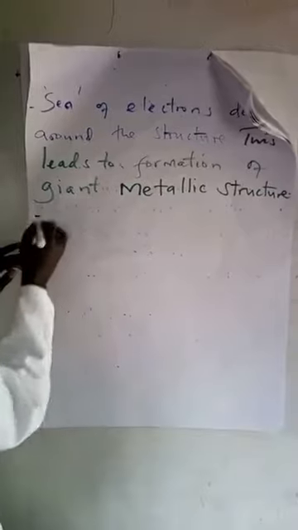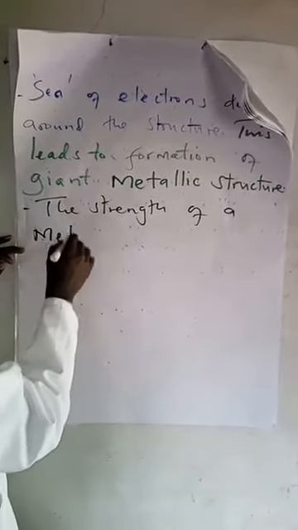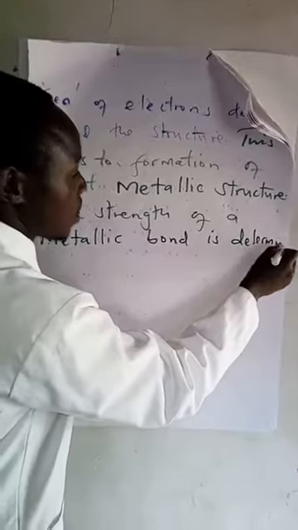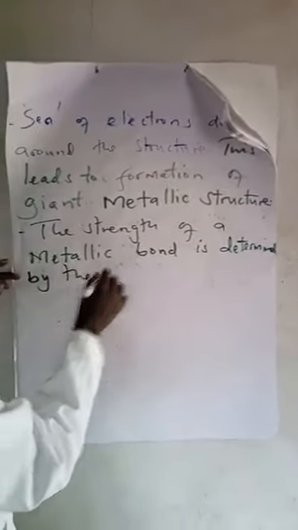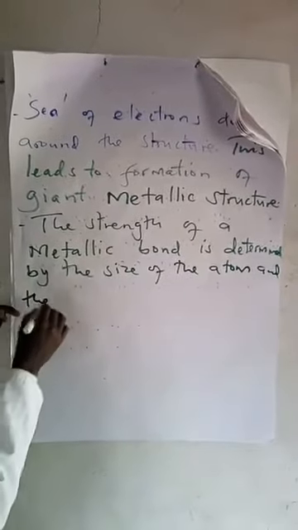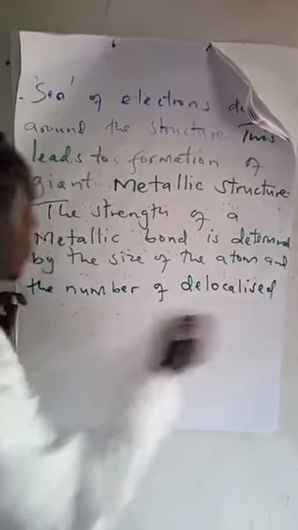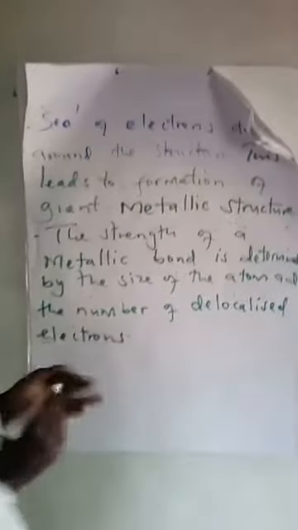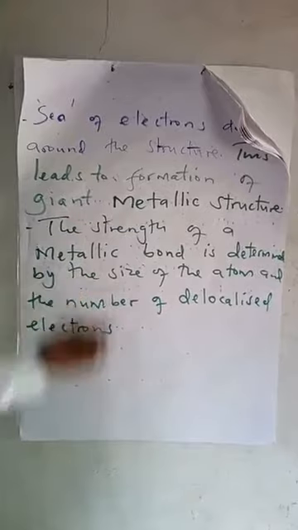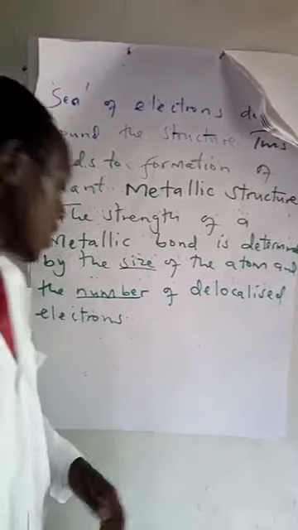Maybe before that we can say the strength of a metallic bond is determined by the size of the atom and the number of the delocalized electrons around the structure.